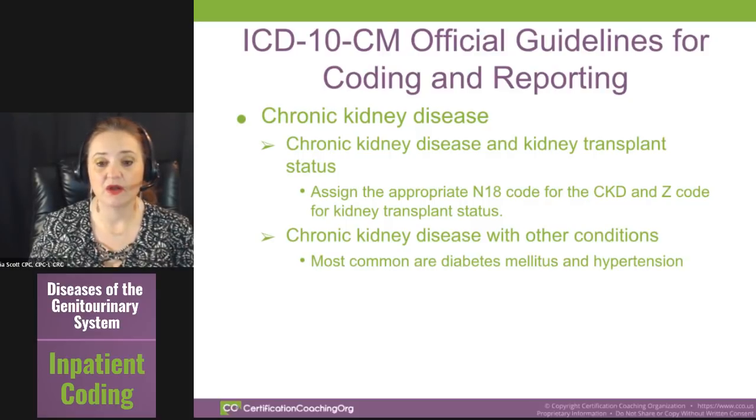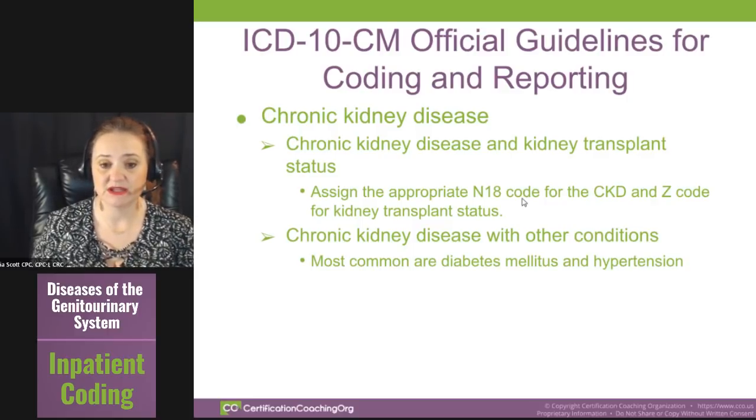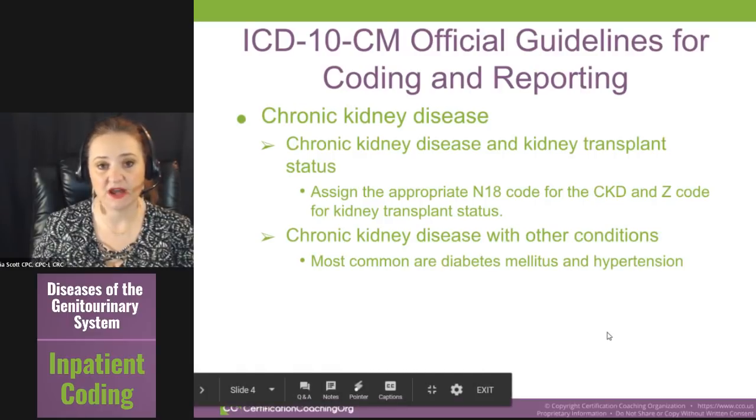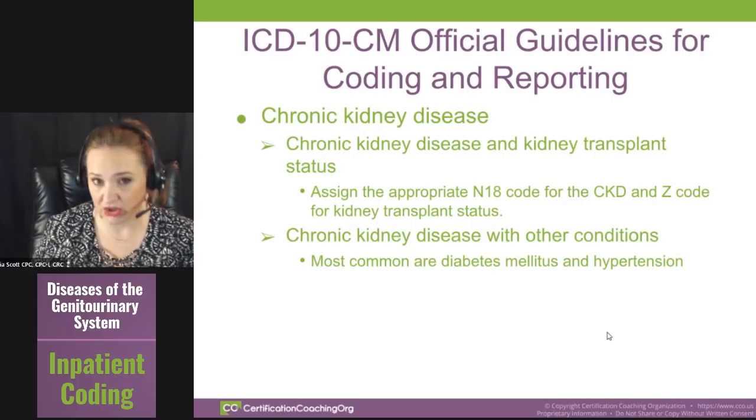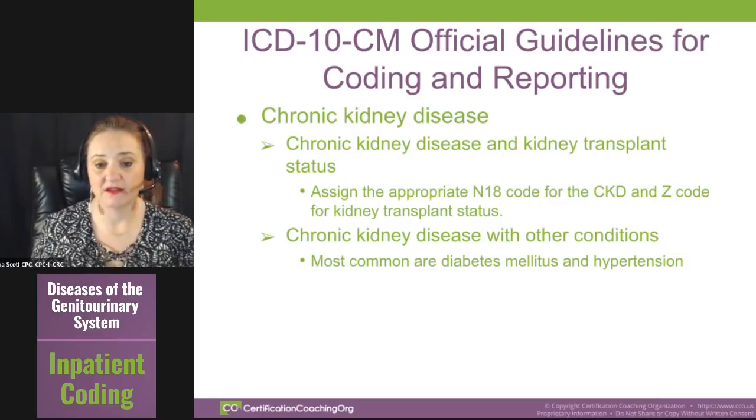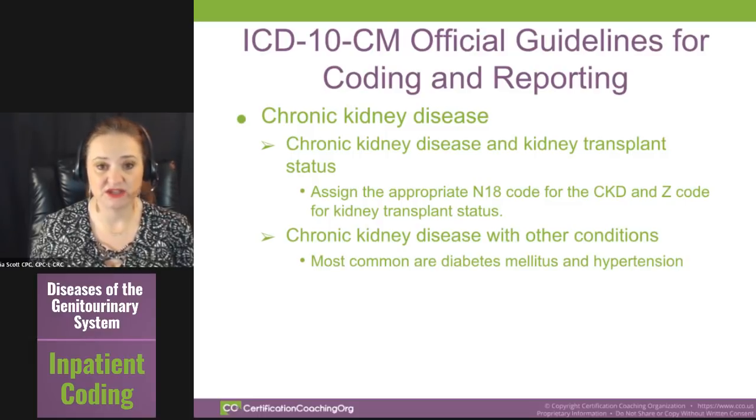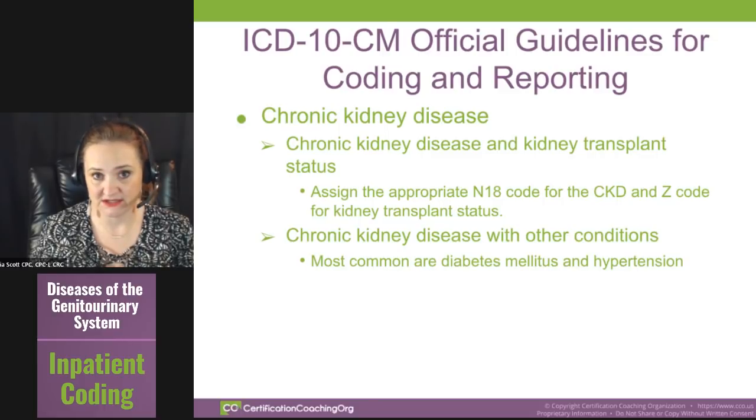With hypertension, it's the same way. That causal relationship is assumed. You don't have to have documentation telling you that the person has diabetic kidney disease and hypertensive chronic kidney disease.